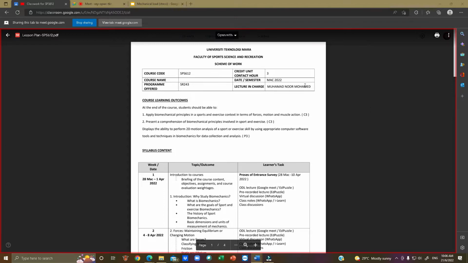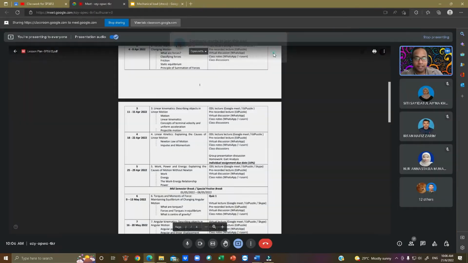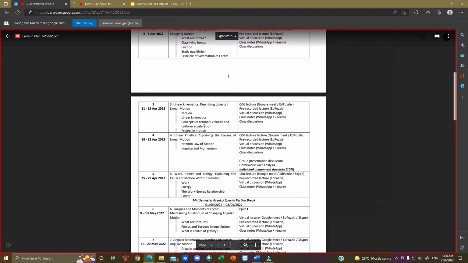This test will cover up until week 5, chapter 5, work, power and energy. There are calculations, but they are not that hard. It's just a surface calculation, straightforward.